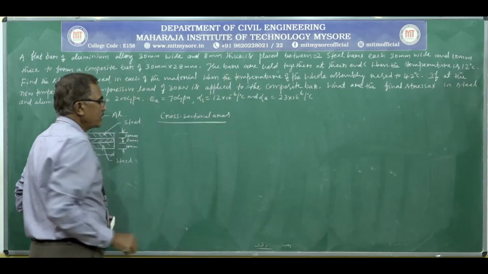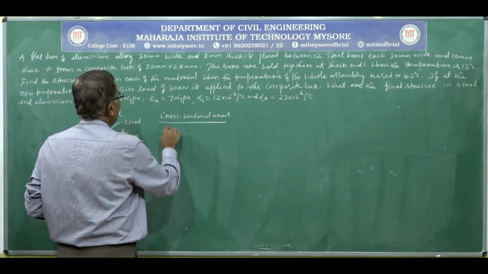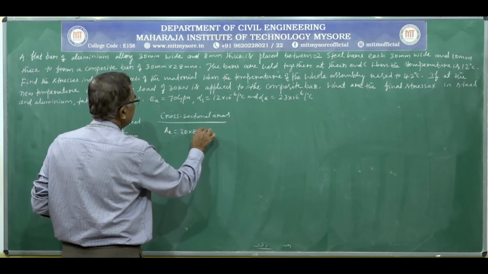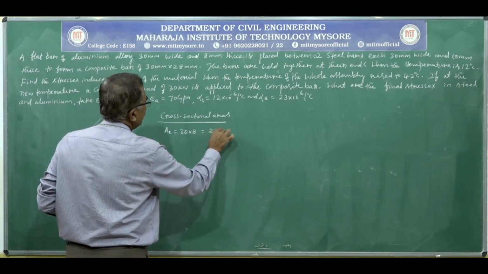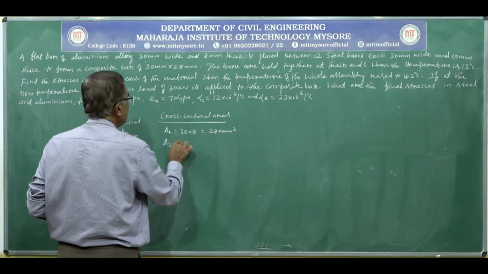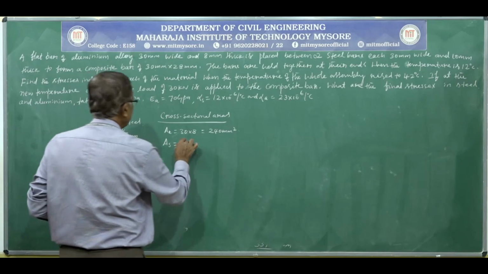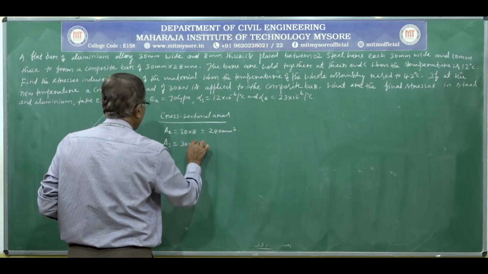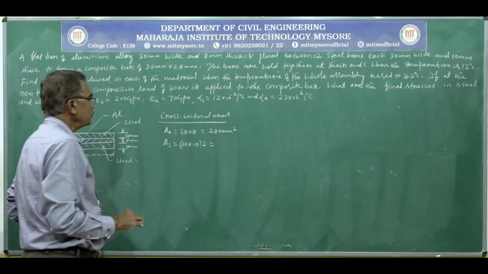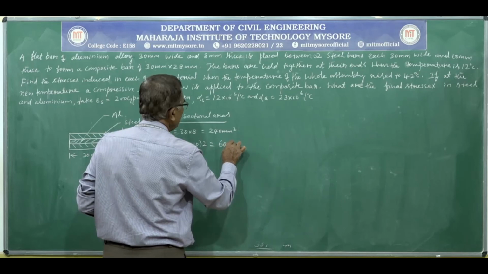When two dimensions are given, it is a rectangular section. Area of aluminum is equal to 30 multiplied by 8, it is 240 millimeter square. Area of steel is equal to 30 multiplied by 10, that multiplied by 2, 300 into 2, it is 600 millimeter square.